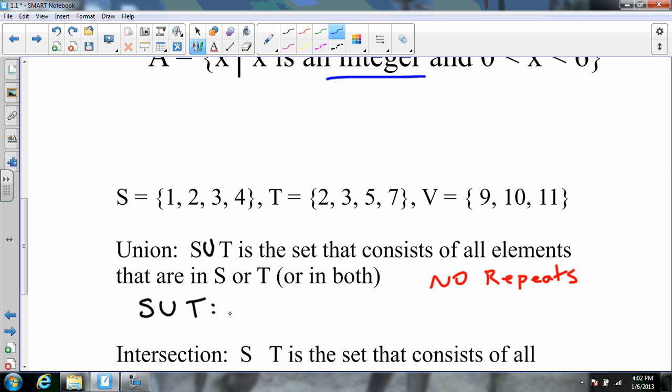So we get S union T to be equal to, and we use the brackets, we have 1, 2, 3, 4, 5, and 7. And then we close it with the brackets.